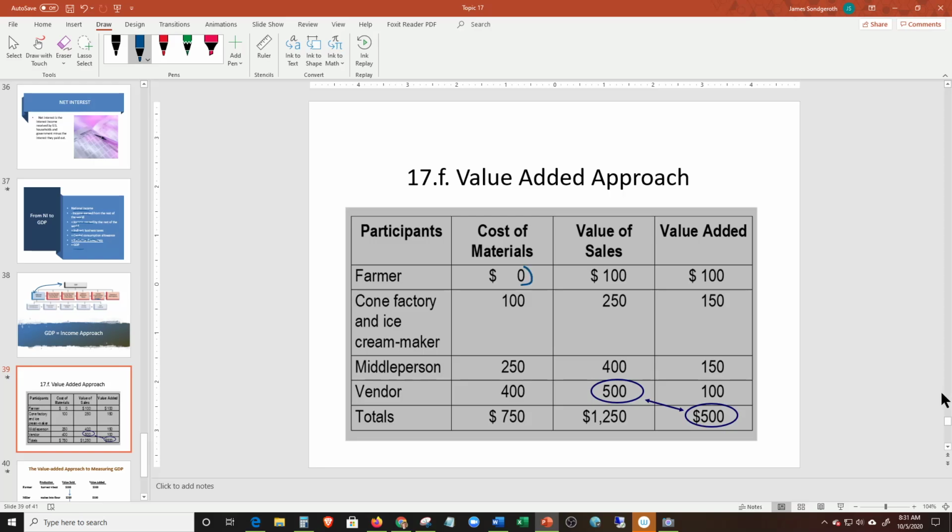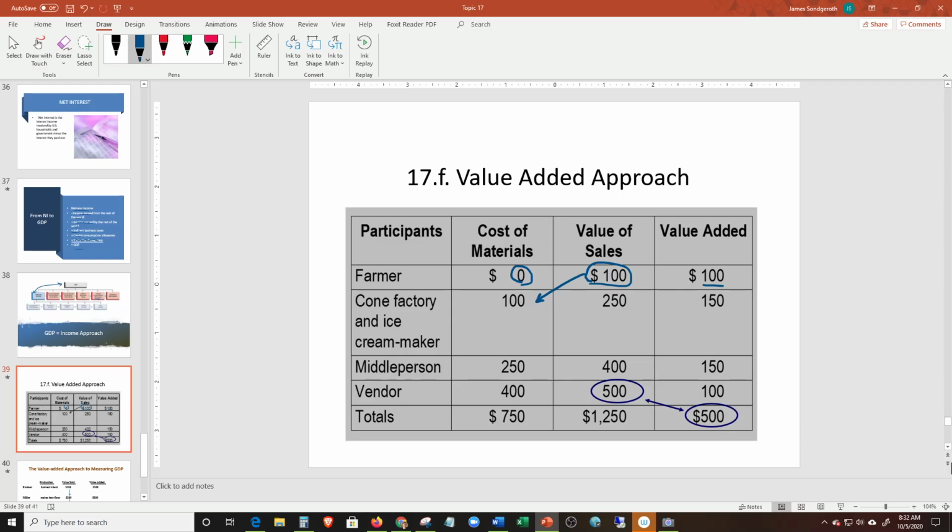And we say the cost of materials is zero. That's probably not true, but anyway, we have to start somewhere from scratch. So we say the value added by the farmer is the value of his sales of milk and wheat to the cone and ice cream factory, okay?